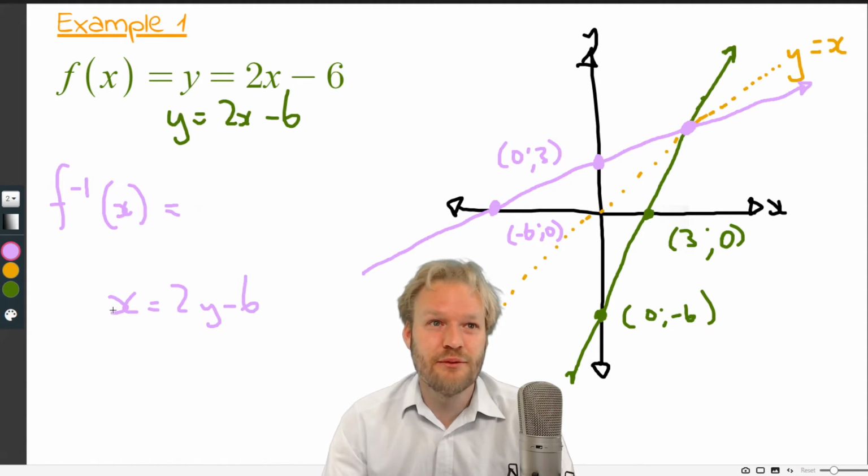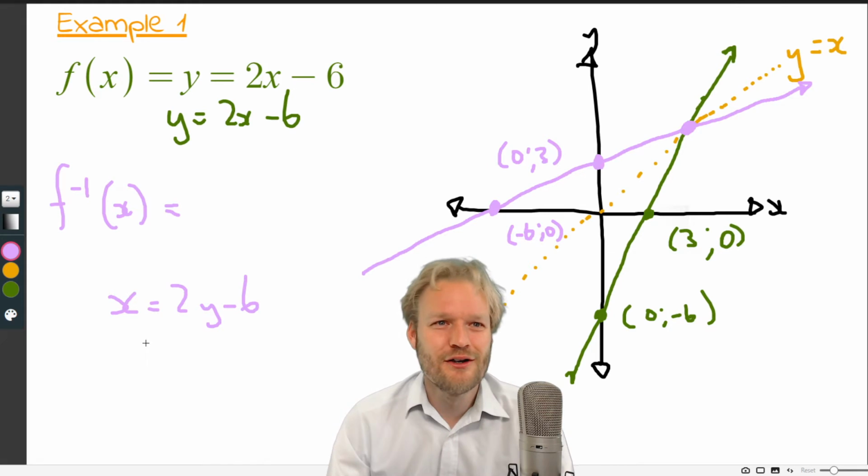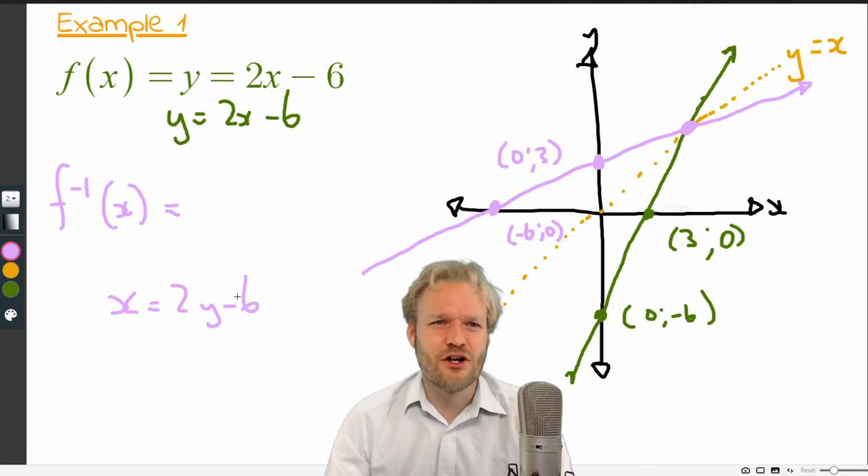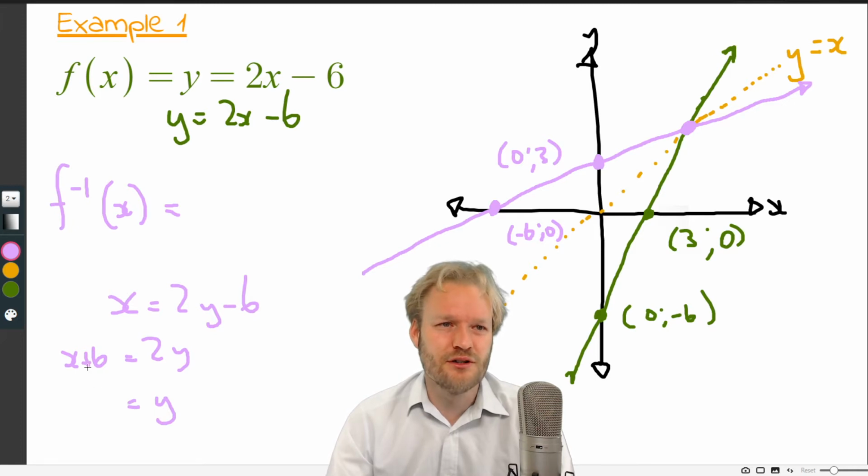Look, when we saw y, it became an x, and x became a y. Like the inverse. So now what we want to do is just rearrange our equation so that it's in standard form. So I'm going to add 6 to both sides. x plus 6 equals 2y. Okay, but we just want y, so let's divide both sides by 2. So we've got y equals, well, the 6 was easy, that's 3.